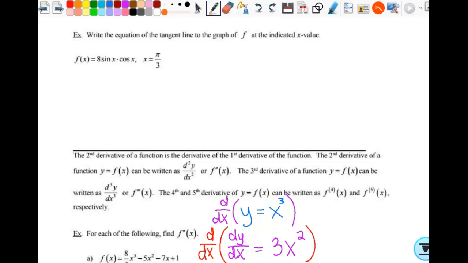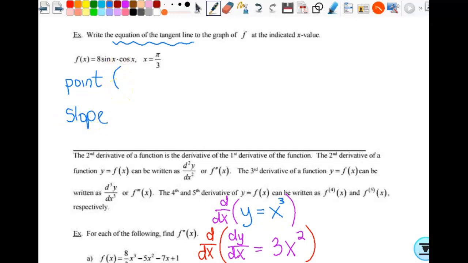All right, so let's go back up to this one here. This time we're not just taking a derivative. We're saying, write the equation of the tangent line. So what does that trigger in your head? What's the first thing you're writing on your paper? We need a point, and we need a slope.